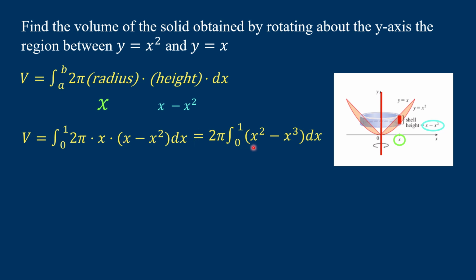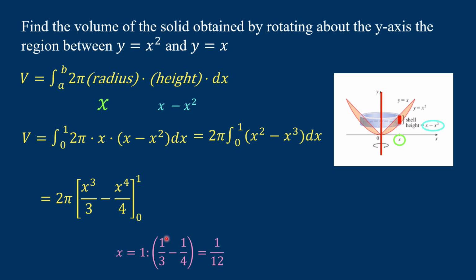Find the antiderivative of each function: 2 pi times x cubed over 3 minus x fourth power over 4, from x equals 0 to 1. Plug in 1 and plug in 0: 1 over 3 minus 1 over 4 is 1 over 12. 2 pi times 1 over 12 is pi over 6. That's the volume of this solid, using the shell method.